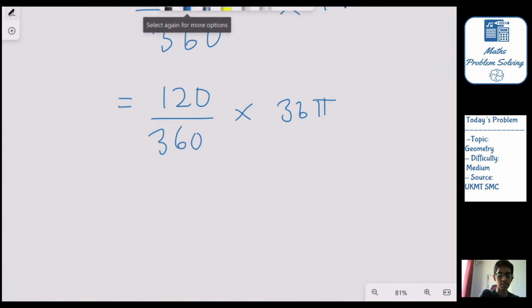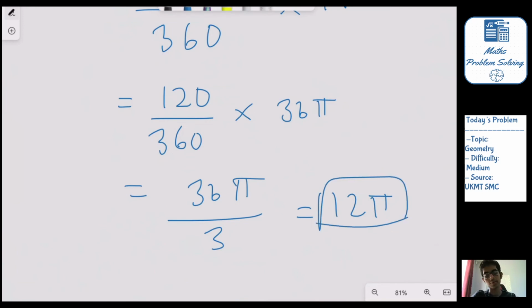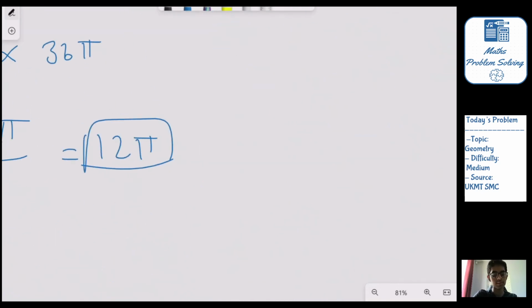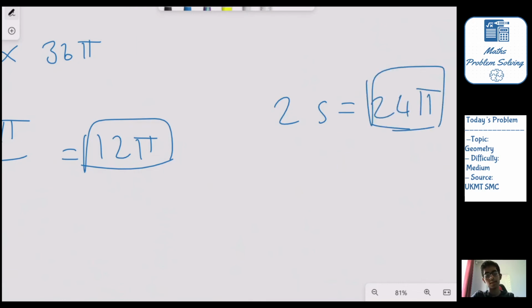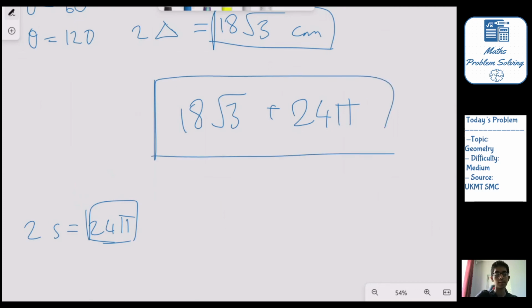So that just equals 36 pi divided by 6, which equals 6 pi, as the area of one of these sectors. Now, since both sectors are congruent, we can just multiply this by 2. So area of two sectors equals 12 pi. Therefore, the total shaded area would equal 18 root 3 plus 12 pi. And that is our final answer.